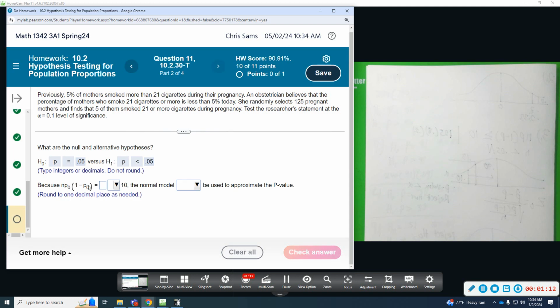We're going to test that this is a large enough sample. I don't know the population of pregnant women at any given point in time, but I'm pretty sure it's going to be a large number.